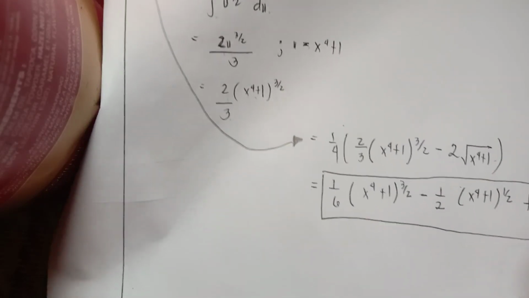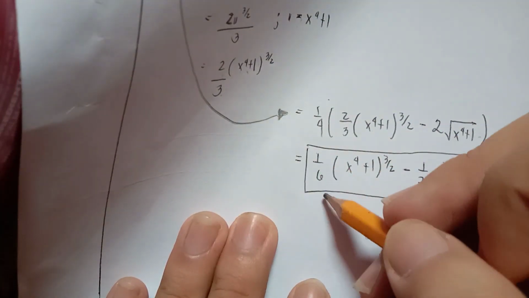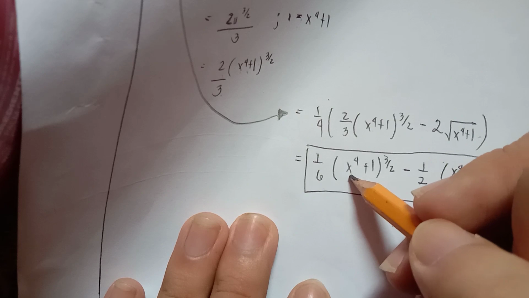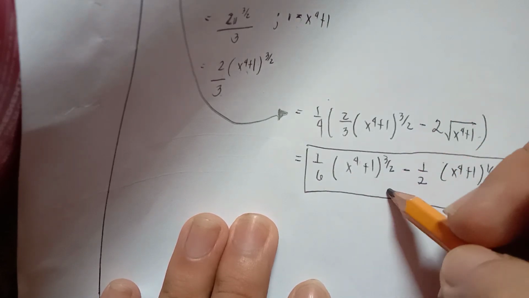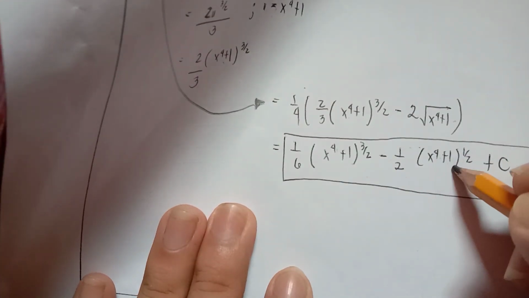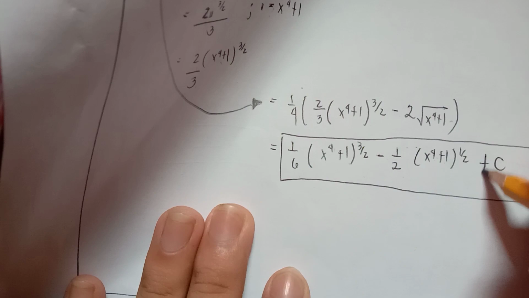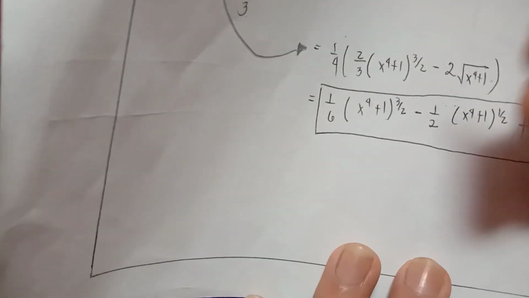Then simplify, magiging 1 over 6 times the quantity x to the fourth power plus 1 raised to 3/2 minus 1/2 x to the fourth power plus 1 raised to 1/2 yung plus c. So, yan yung final na sagot.